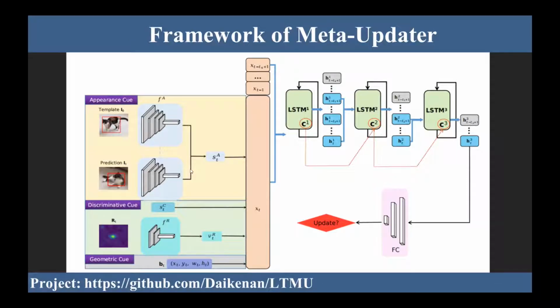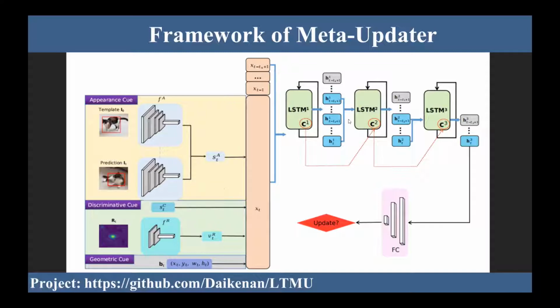It's obvious that if we incorporate temporal information into these cues, then we can get more information, such as from the geometric cue, we can get speed and trajectory, and from the appearance cue, we can get appearance change, response map change, and so on. We use two separate networks to encode the response map and image patch of the tracking result into two feature vectors.